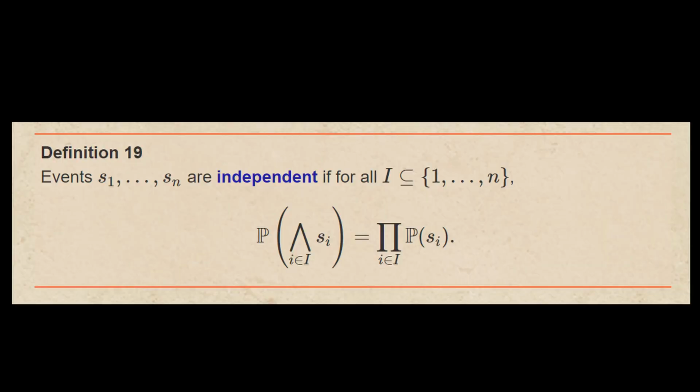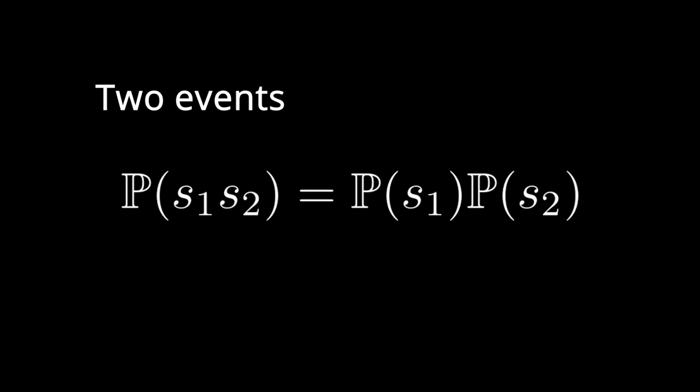A finite set of events, S1 up through Sn, are independent if for all I, a subset of 1 up through n, the probability that every Si with little i in big I holds is equal to the product over little i in big I of the probability that event i holds. This always holds when I has no events or just one event, but it must also hold when I contains 2 or more events. So the number of requirements grows quickly in n.